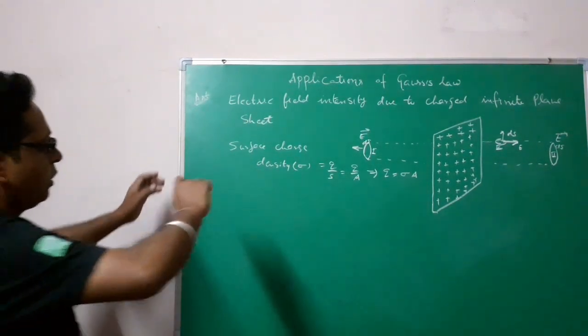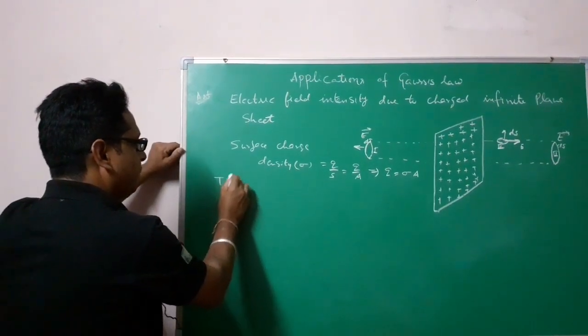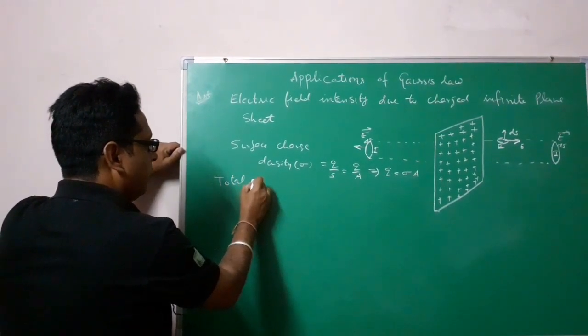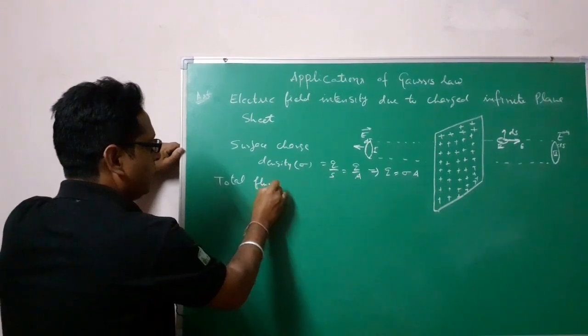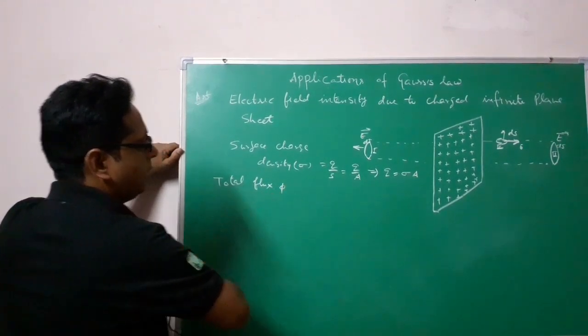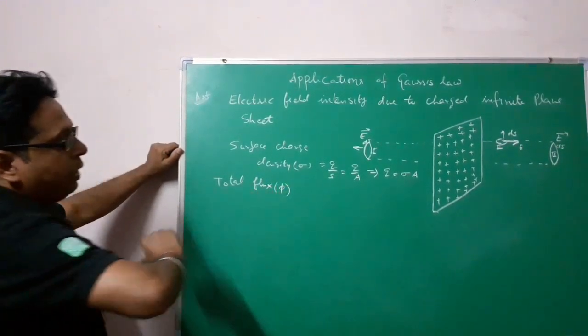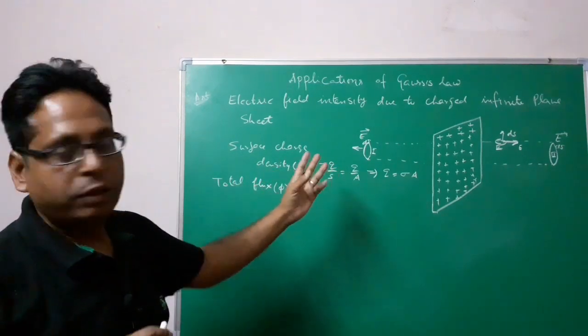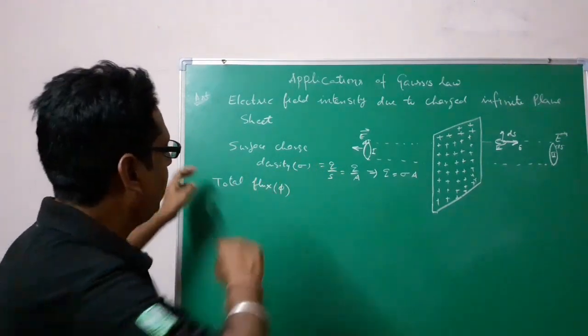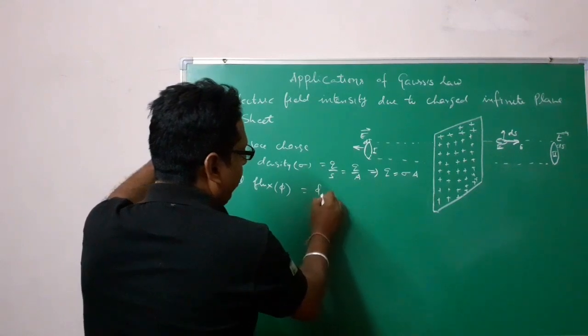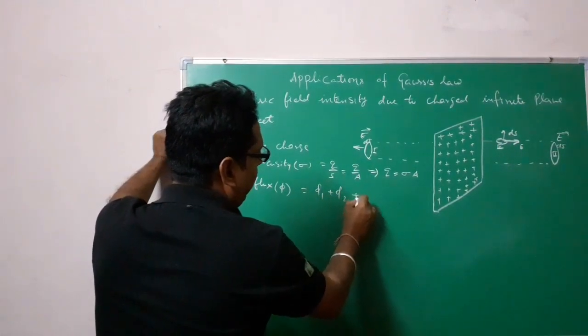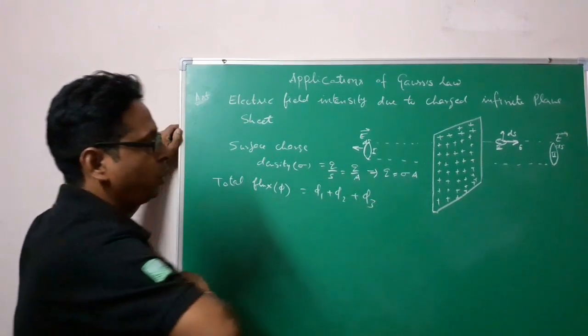Now the total electric flux, let it be phi. Here again we have 3 different regions. So students, this is phi 1, phi 2 and phi 3.